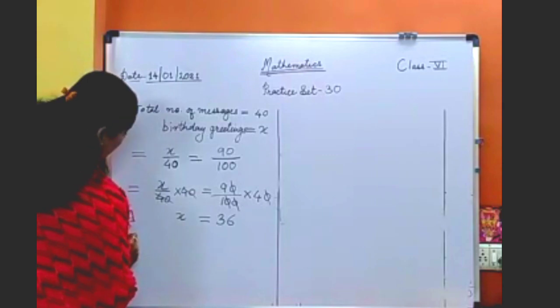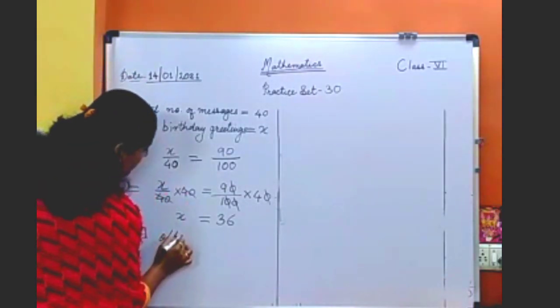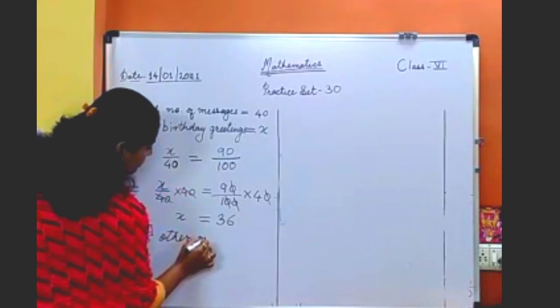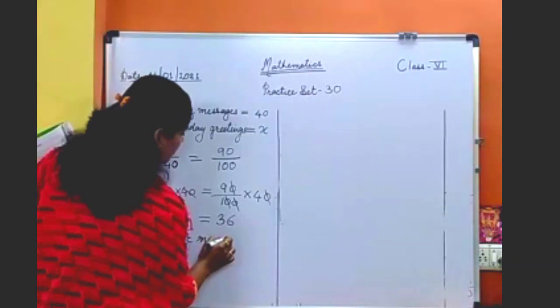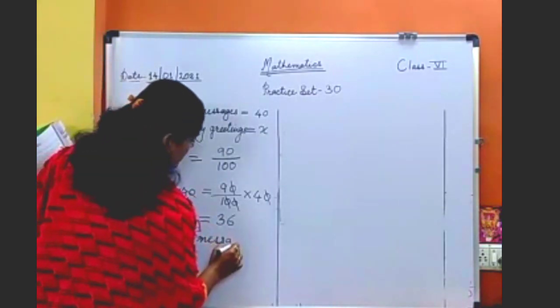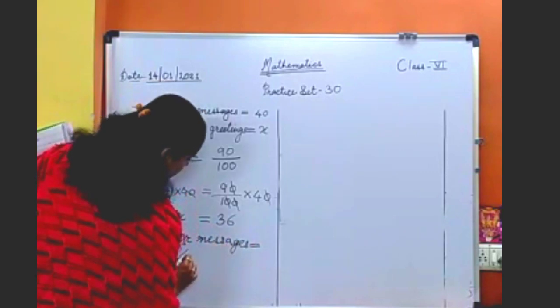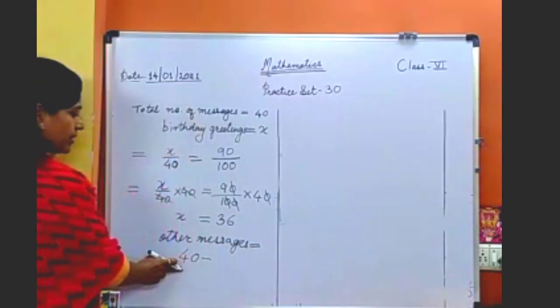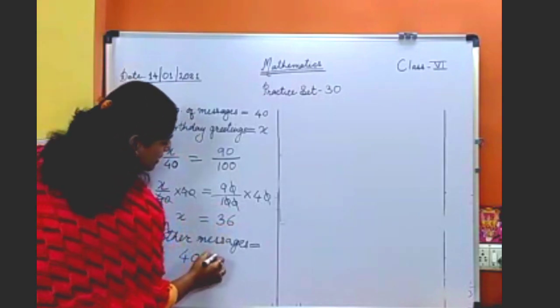So what will we do here? Other messages is equal to total 40 messages minus birthday greeting messages, minus 36.